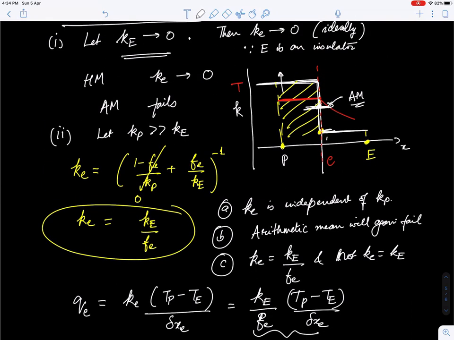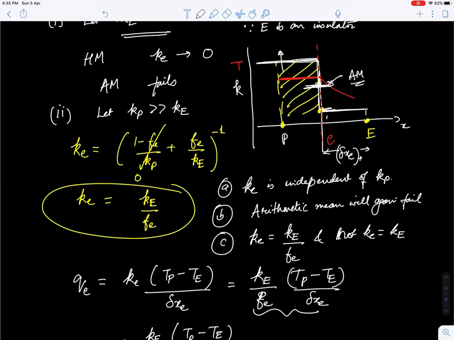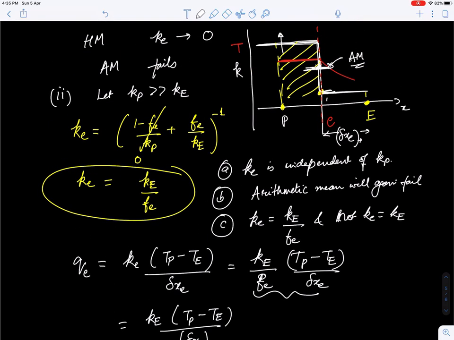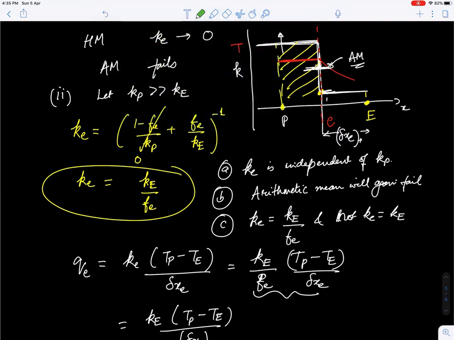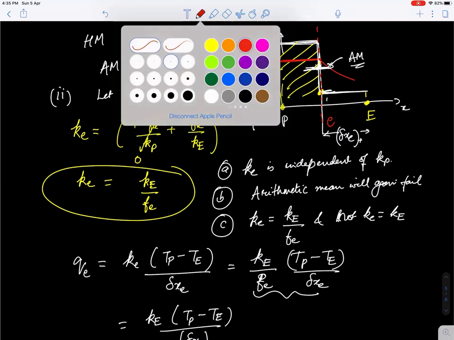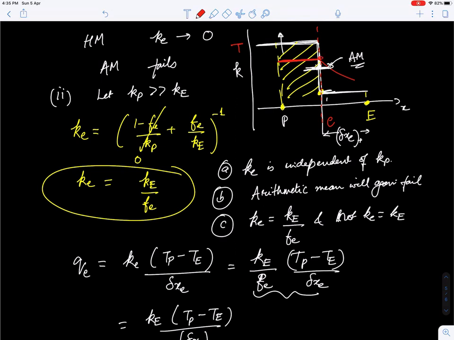So clearly what it implies is that this formulation takes into account that the temperature at this location here, let me take it in red, is effectively equal to Tp.